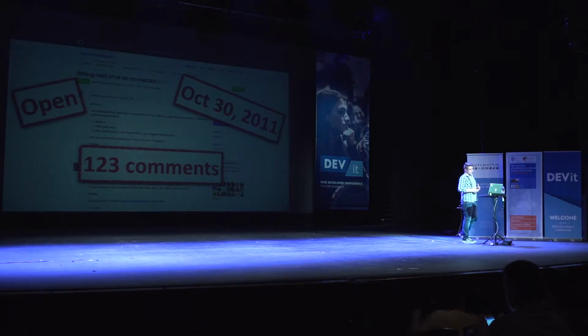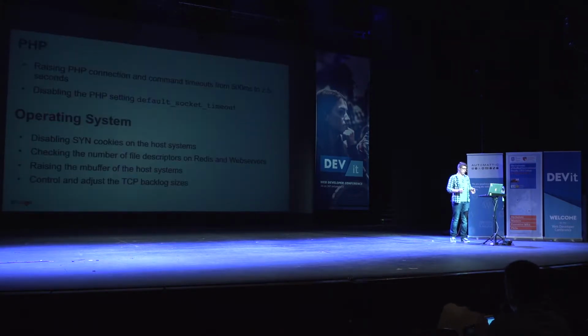In this issue, there are many different architectures, many different operating systems, many different ways to solve this issue. And we tried them all. Here are a few of them. Just to keep it short, we raised the PHP connection timeout from our PHP stack to the Redis server from 500 milliseconds to 2.5 seconds.